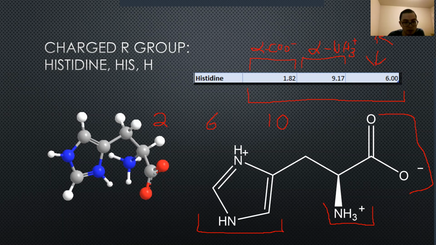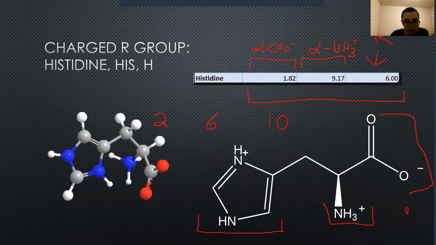With 3 pKa's, we can start comparing at what pH which groups are protonated and which groups are deprotonated. If every single group is protonated, the carboxyl group is COOH, so there's no charge. This is NH3 plus, that's +1 charge. This is protonated, so that's +1 charge. So at very low pH, we have a +2 charge, because this gives us +1, this gives us +1, and since this doesn't have a charge on it, it is 0.